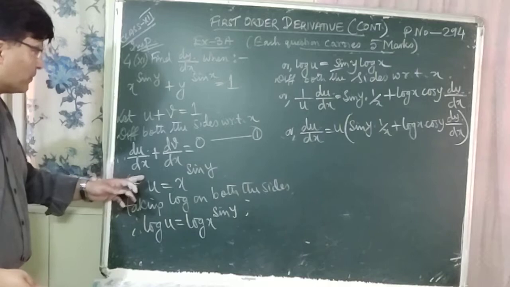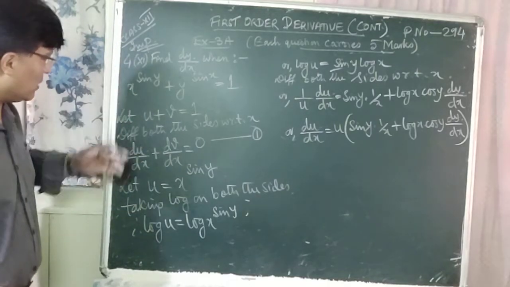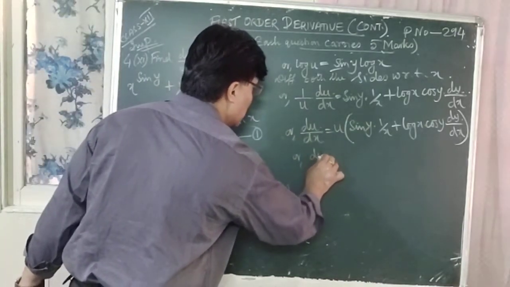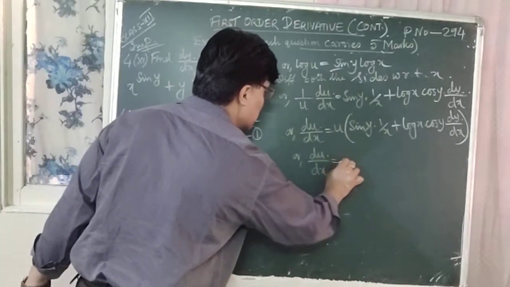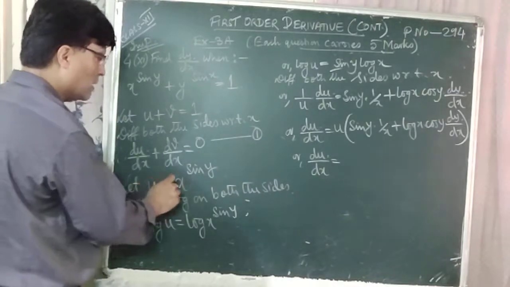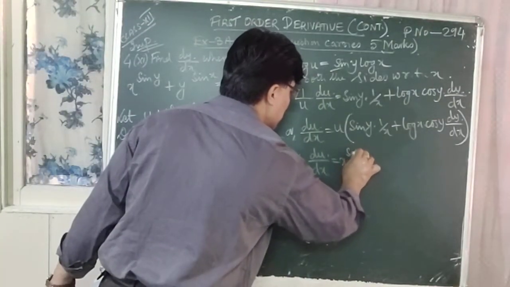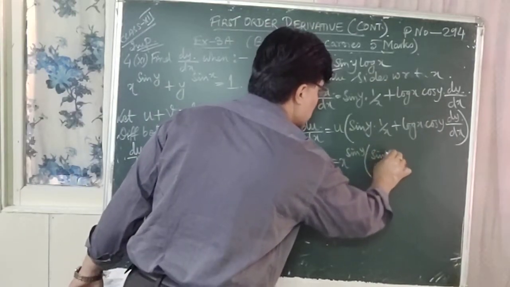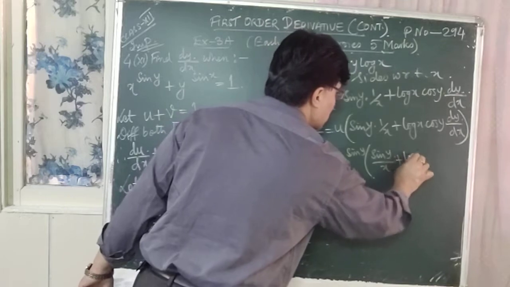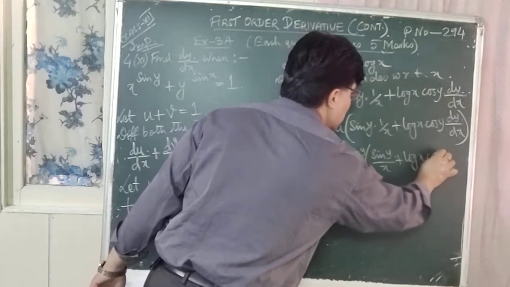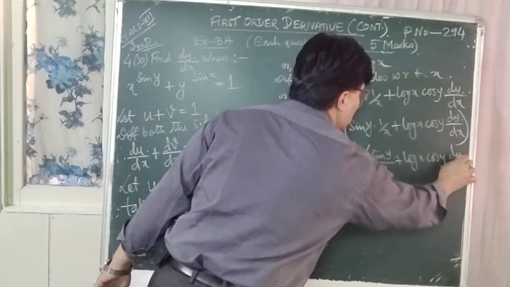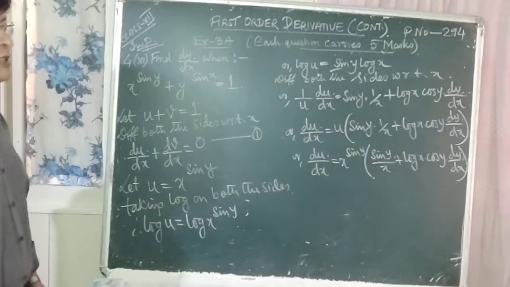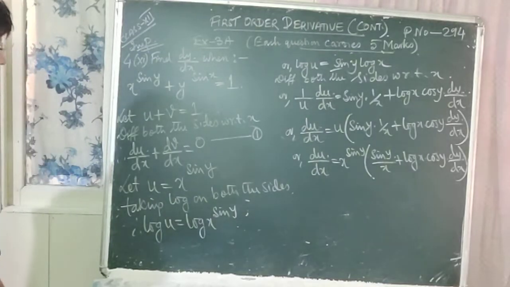What is u here? u is equal to x to the power sine y. So du by dx is equal to x to the power sine y, and within the bracket it is sine y upon x plus log x into cos y into dy by dx. So this is the value for du by dx, okay?